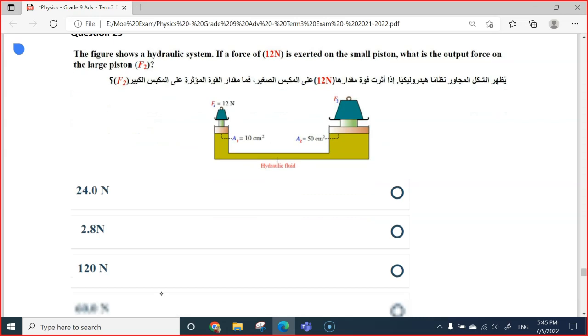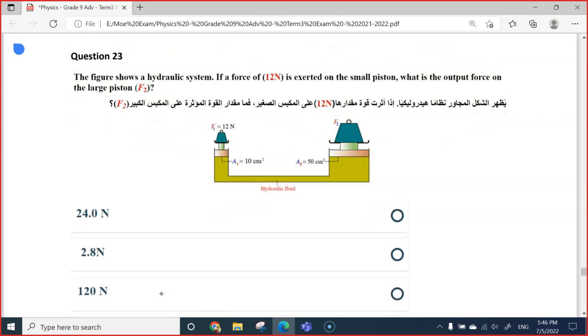Question number 23. A figure shows a hydraulic system. If a force of 12 Newton is exerted on the small piston, what is the output force on the large piston? The hydraulic system equation is F2 divided by A2 equals F1 divided by A1.